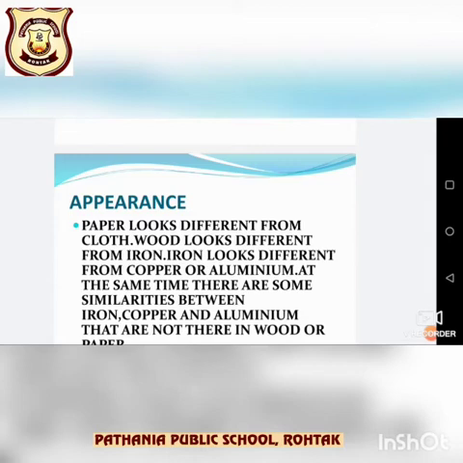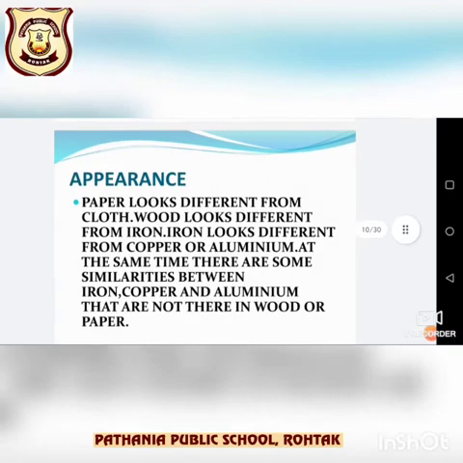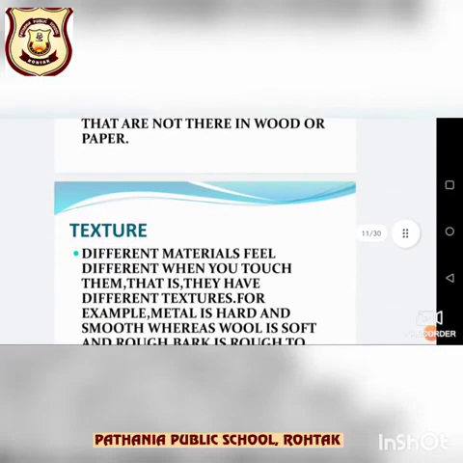For example, gold, silver, copper, zinc, aluminium, iron, sodium, magnesium, potassium. So we have a lot of materials which do not have luster. Example, wood, paper, plastic, right? Clothes, they don't have shine of their own. In order to look shiny, we add some other substances, right? So this is all about appearance.